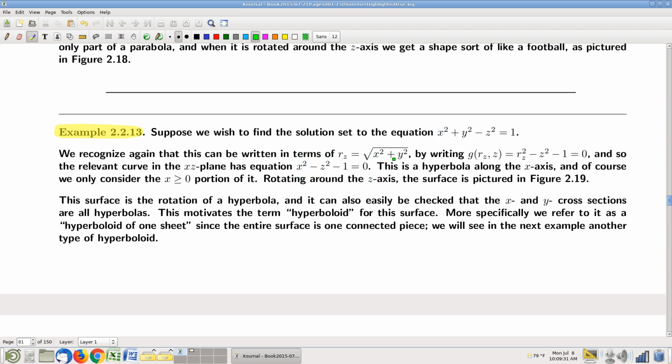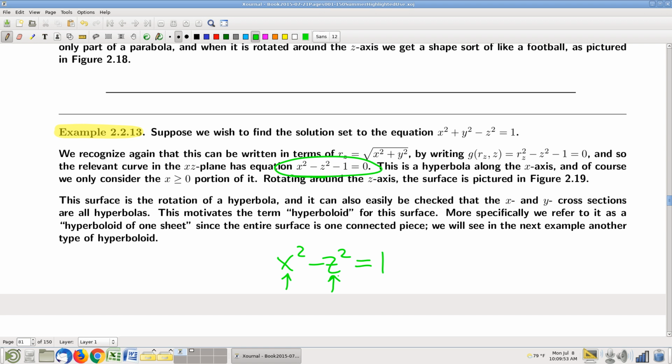Here's the way I think of it. Looking at the hyperbola, x squared minus z squared equals 1. Between these two variables, x and z, which one of those variables could possibly be 0?